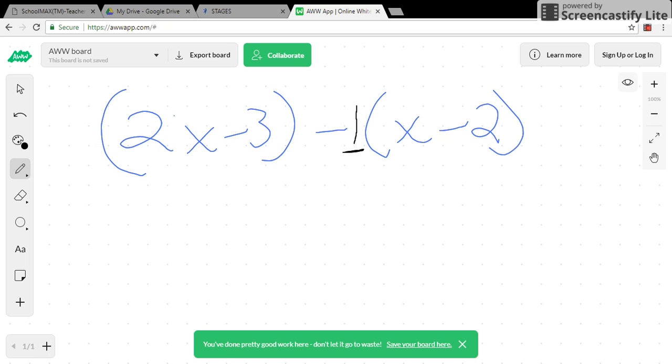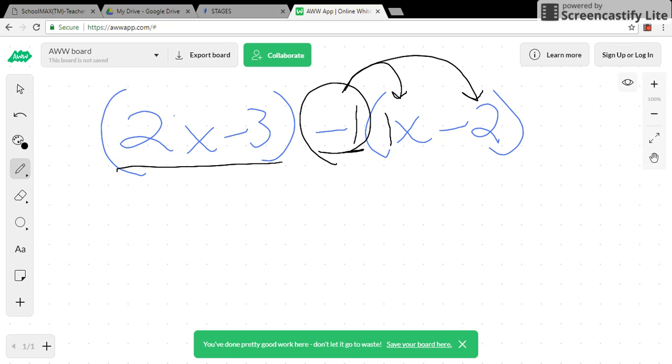It can help you to go ahead, and anytime there's a variable or a minus sign that doesn't have a number in front of it, go ahead and put a 1 there. Because then it's going to be a little bit easier to see that we need to distribute a minus 1 to everything after the parentheses.